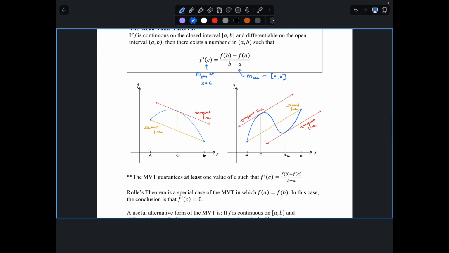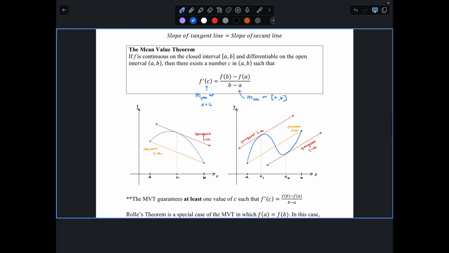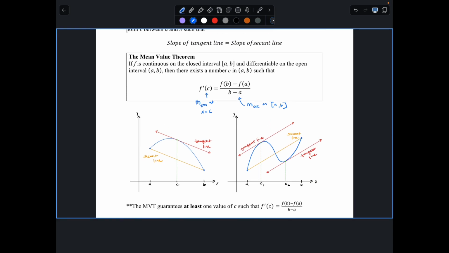And I've given you some visuals of how this could happen, what it could look like.